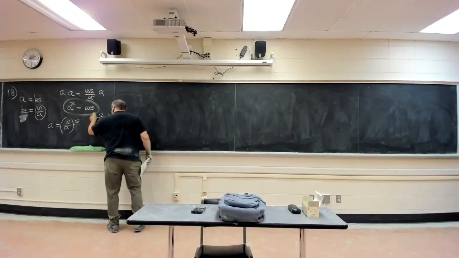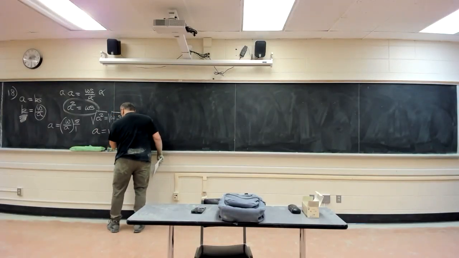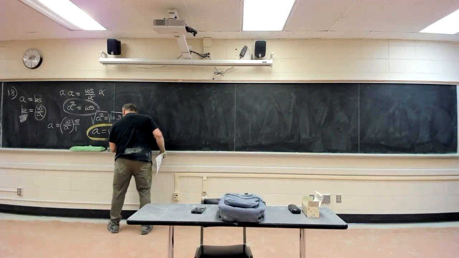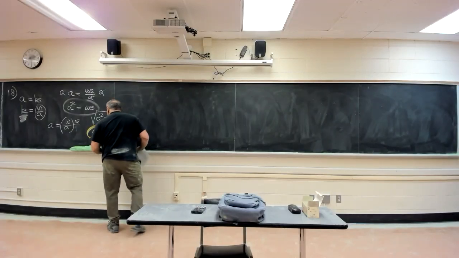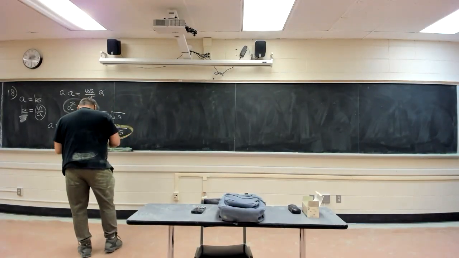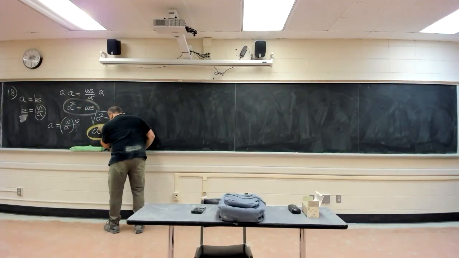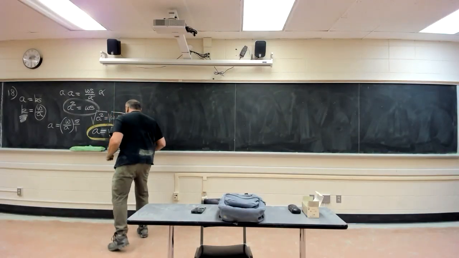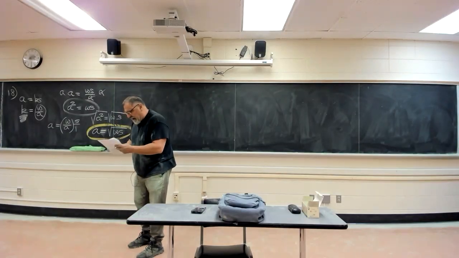Why don't you square root each side? Yeah, A equals the square root of the product, WS, for number 18.